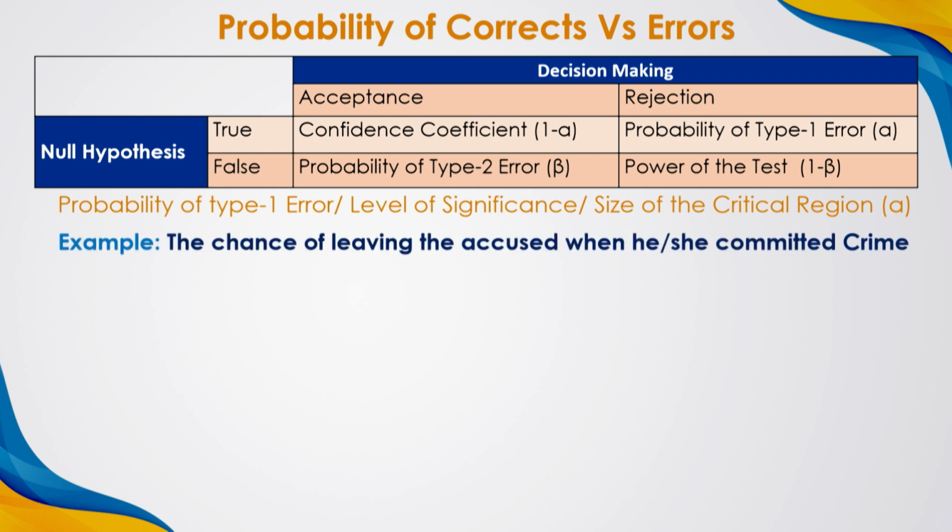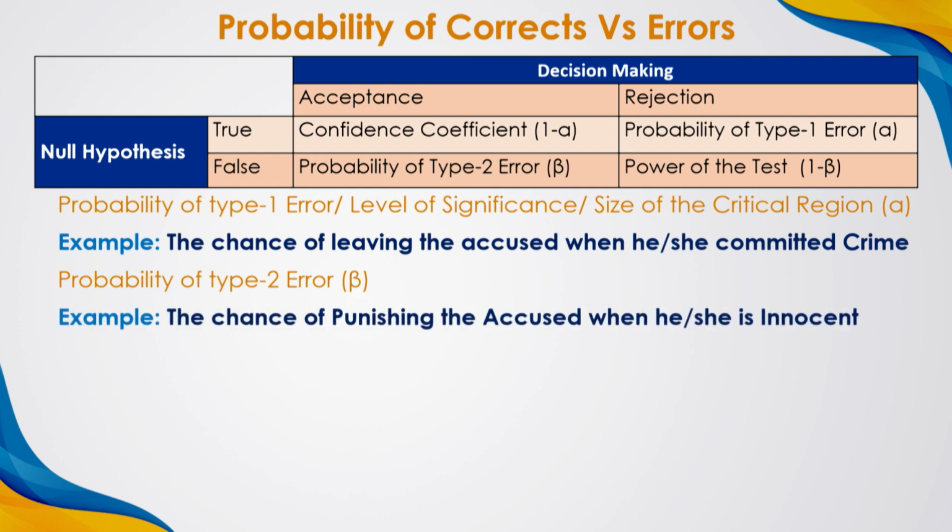For example, in a practical case, assume that a judgment is being made. The type 1 error can be called the chance of letting the accused go when he or she has committed the crime. The example of the probability of type 2 error is the chance of punishing the accused when he is innocent.